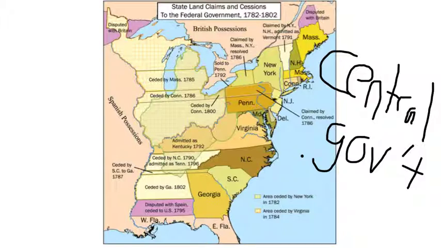Now we have the idea that we should have a strong central government that's going to take power away from the states. It's going to make laws that will apply for every state. This government will be responsible for taxing citizens, collecting those taxes, using those taxes to provide for a military, and creating laws that are going to be the same in all the states for the country.